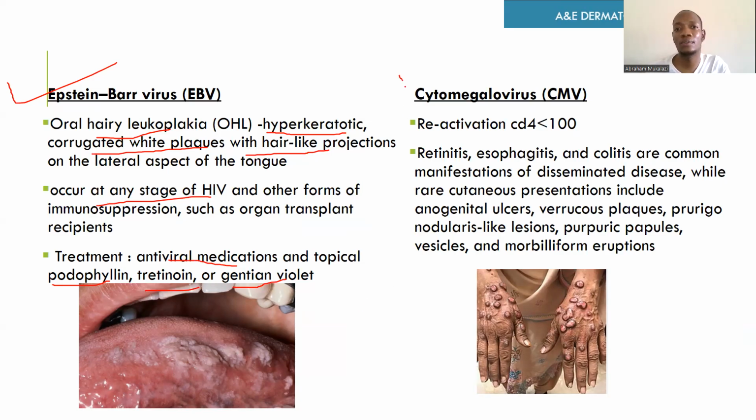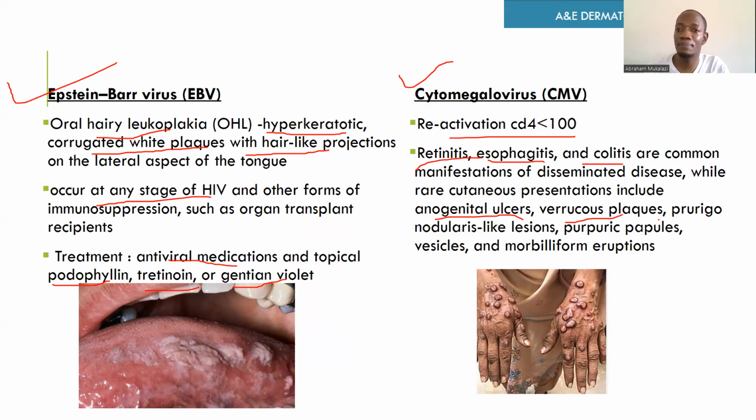Then the next condition or disease can be due to cytomegalovirus. In this case, it is usually reactivated every time the patient's CD4 count falls below 100. They can present with retinitis, esophagitis, colitis as the common manifestations. On the skin, they can have punched-out ulcers, as we've seen in HSV and varicella.